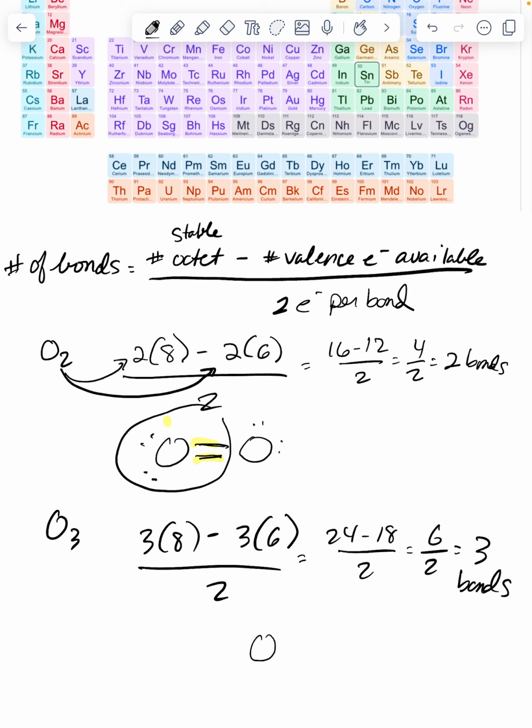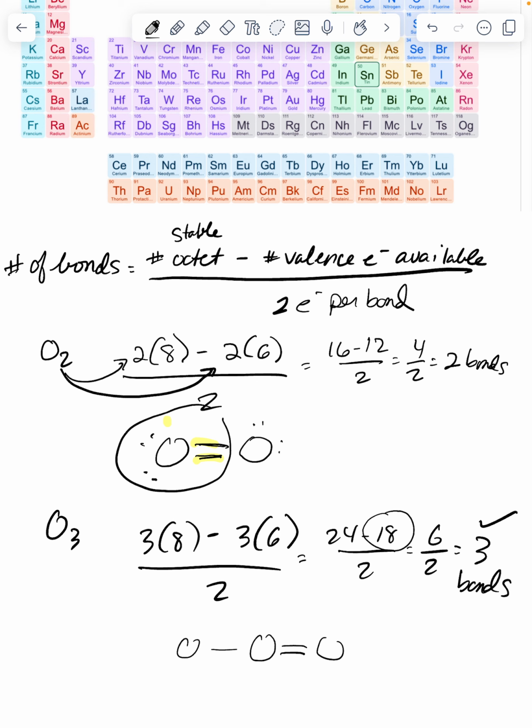So there's 3 oxygen now. You can start out drawing this linear if you want, and then you'll have to decide whether it's going to stay linear. The minimum would be a single bond between each, but this says 3 bonds. So we're going to need a double somewhere. We are showing 2 bonds, so either side can get a double bond. Okay, now we have our 3 bonds.